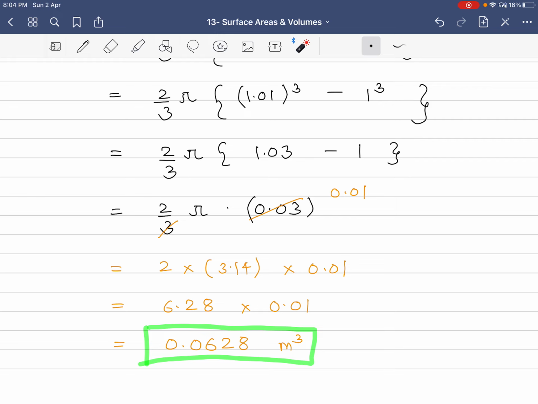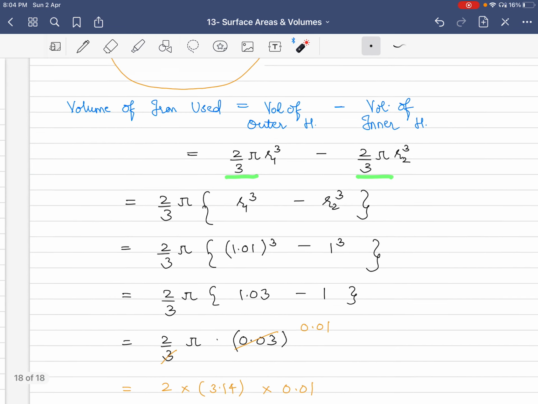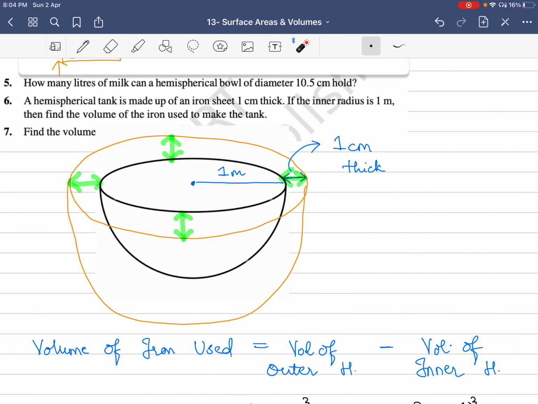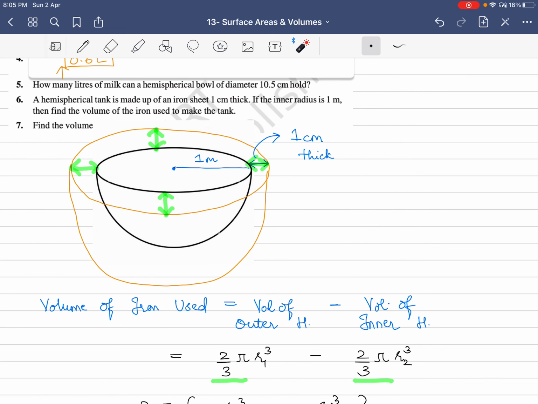So this is how you calculate the volume of the iron. The important part in this entire question was exact visualization of the scenario given. If you mess up the diagram, if you draw an incorrect representation of the hemisphere tank, then your entire calculations and thinking process will also go in an incorrect direction.